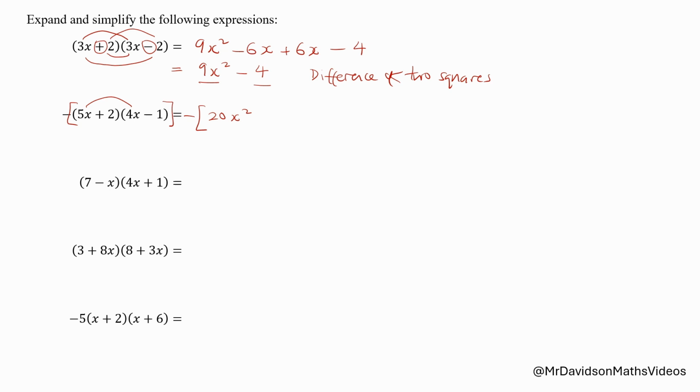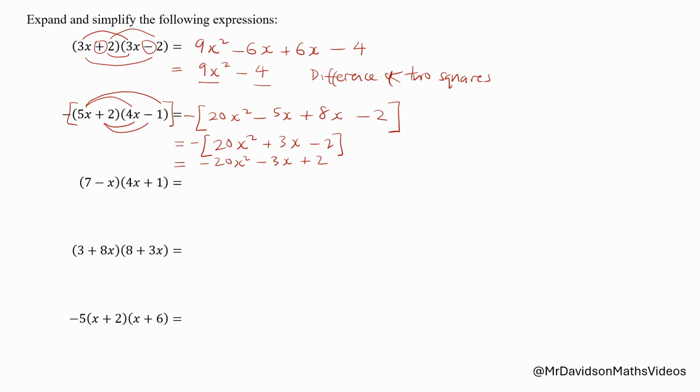I use a slightly different method as well, a kind of crab claw look. 5x times minus 1 is minus 5x. 2 times 4x gives us plus 8x. And 2 times minus 1 gives me minus 2. If I simplify everything inside this square bracket, I get 20x squared plus 3x minus 2. And then I'm going to multiply everything by minus 1. So minus 20x squared minus 3x plus 2.